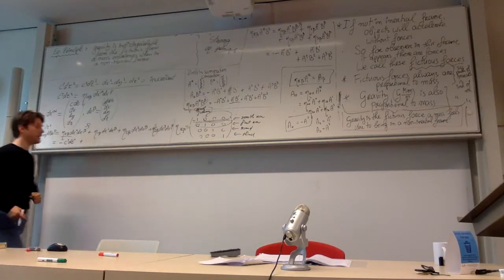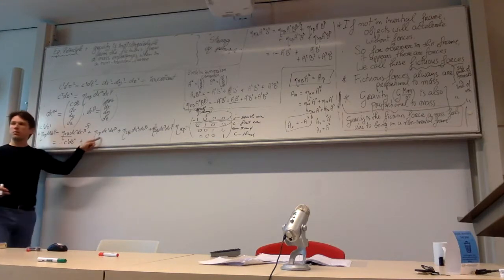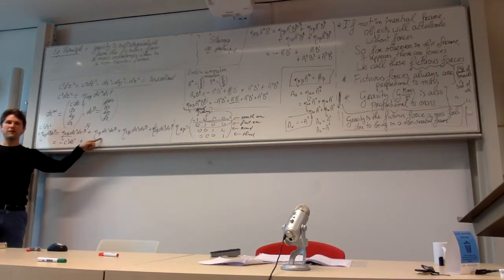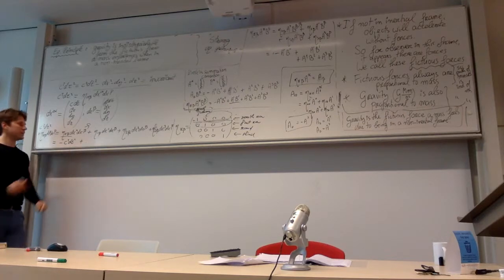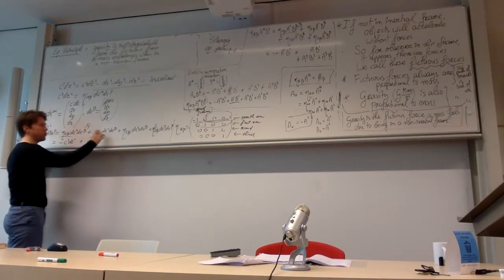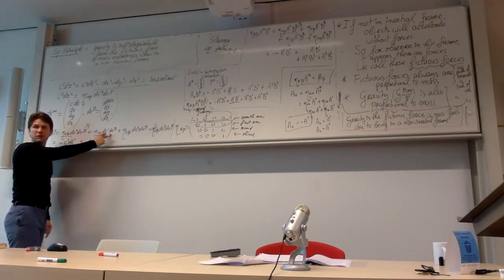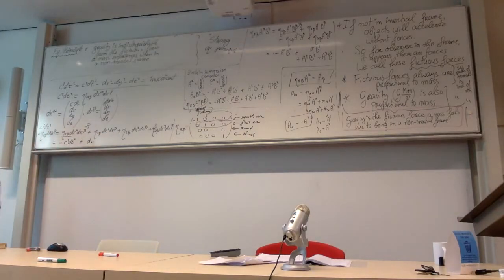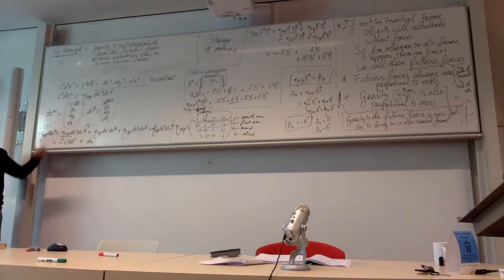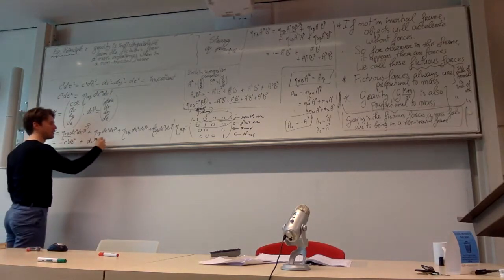You might as well not write them down. So you get eta 1, 1. What is the value of eta 1, 1? 1. So that gives you dx1 times another dx1, because beta is now 1, dx1 squared. That is just dx squared.